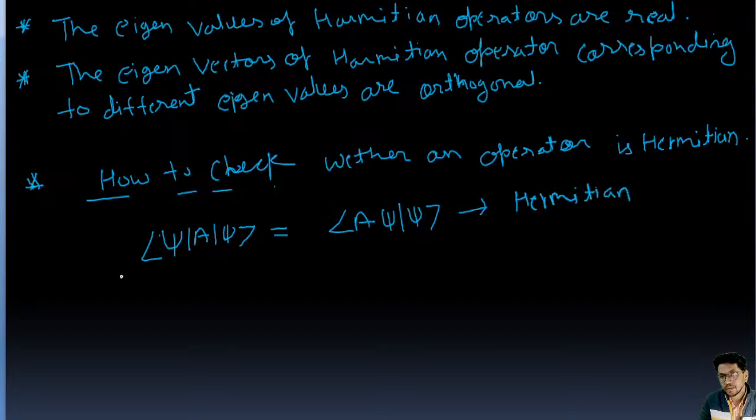If this is the case, if the product <psi|A|psi> is equal to <A psi|psi>, then this is Hermitian.